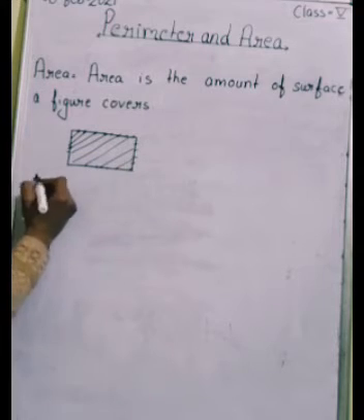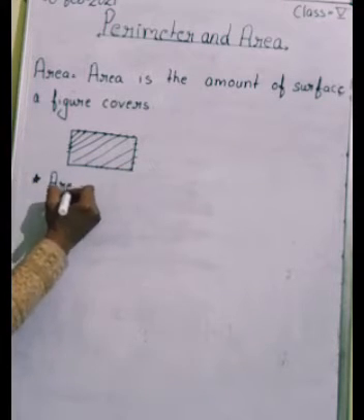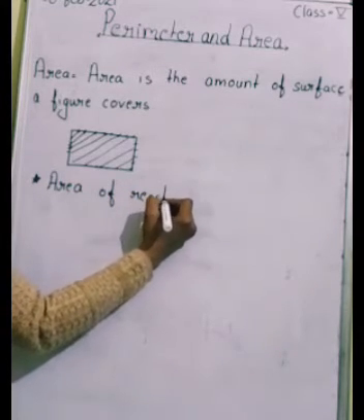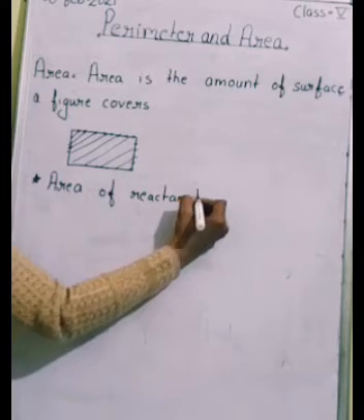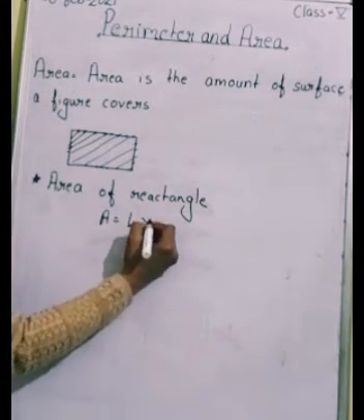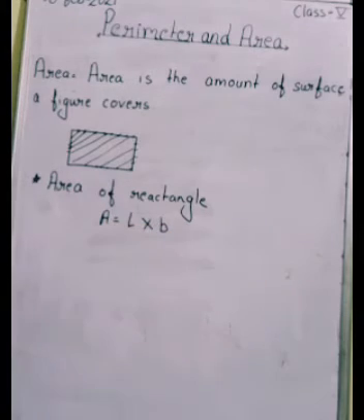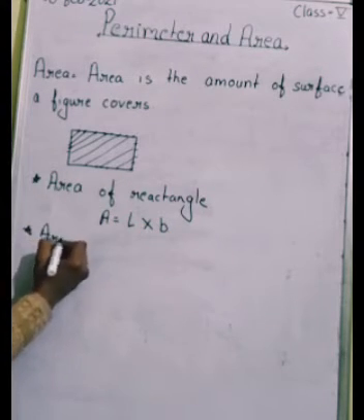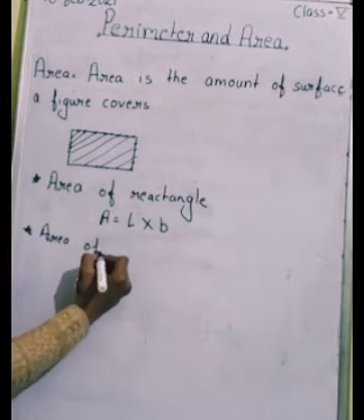Okay, we have two formulas. First is finding the area of a rectangle. Area of a rectangle is given by area is equal to length into breadth. Okay, and area of a square.